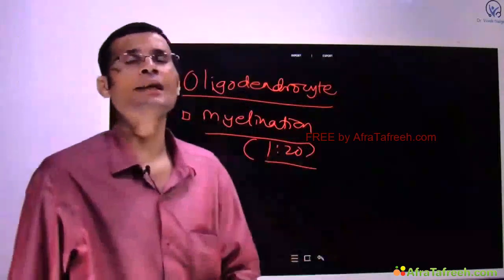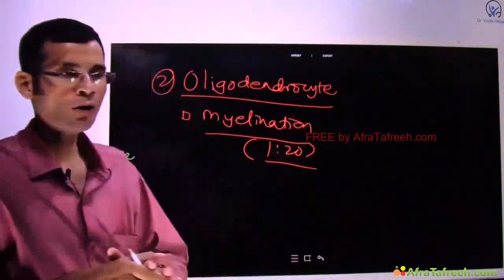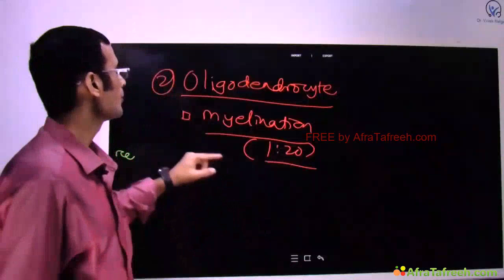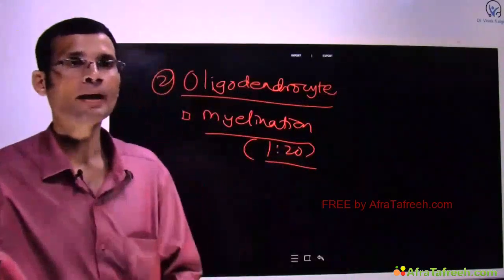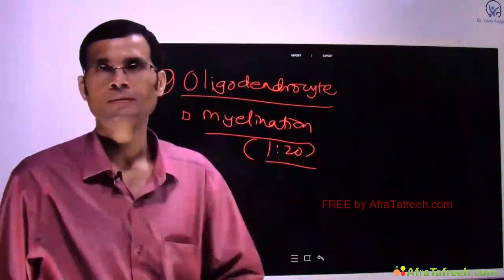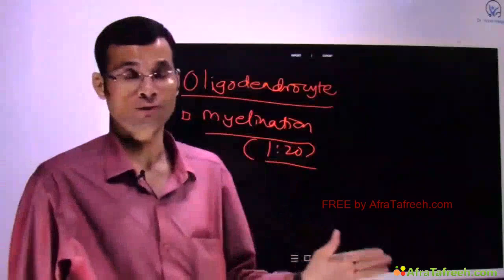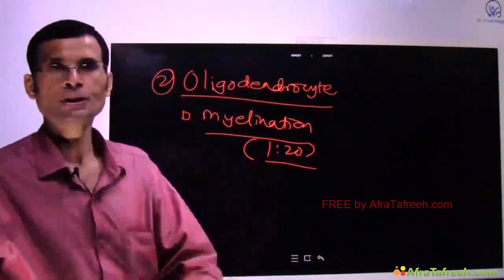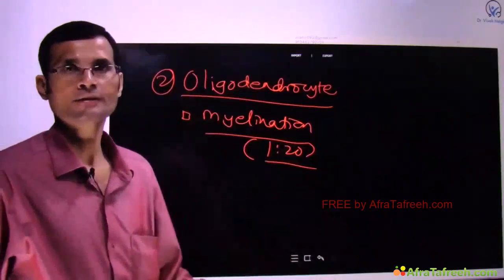Now, what is the implication of this? The implication is that because one oligodendrocyte myelinates 20 different axons, after a CNS injury, repair does not become possible. So CNS neurons do not repair because of this one particular fact, that after the CNS injury, there is no intact neurilemma sheath left.